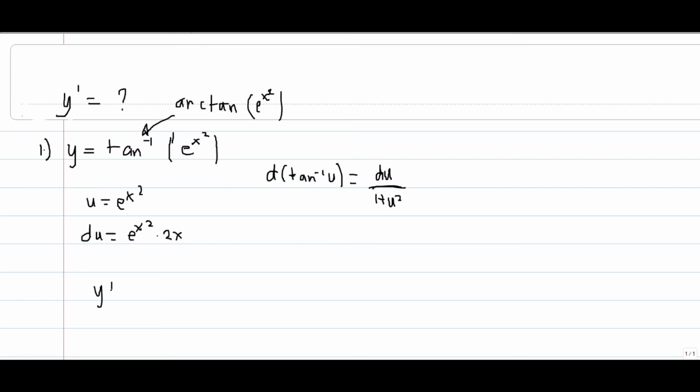So y prime equals e to the power x squared times 2x over 1 plus the quantity of e to the power x squared, to the power 2. Okay, so that is the final answer.